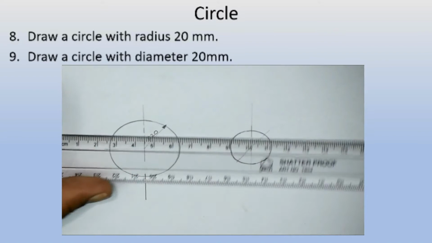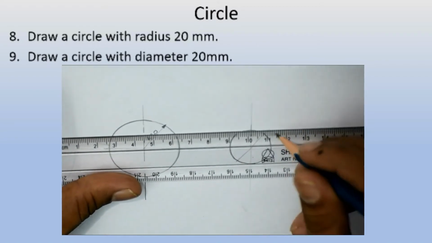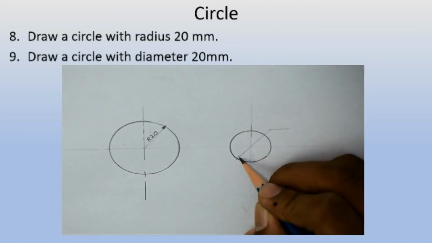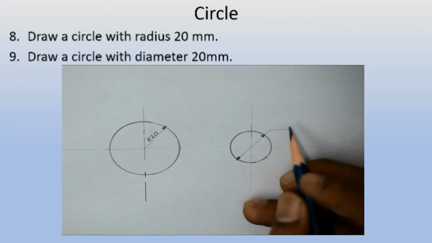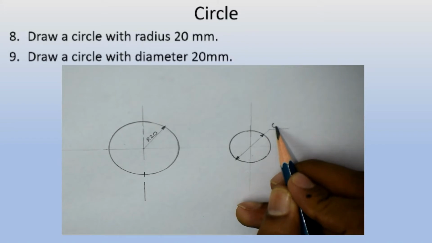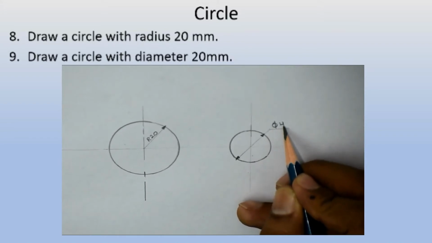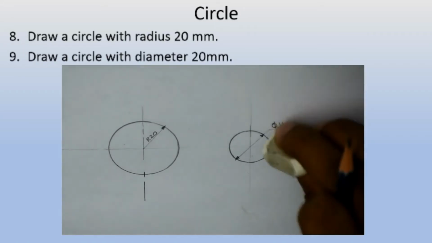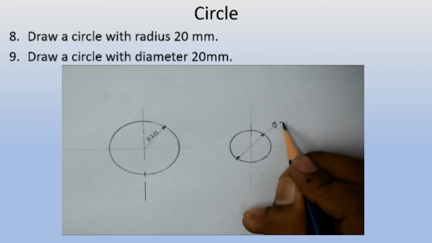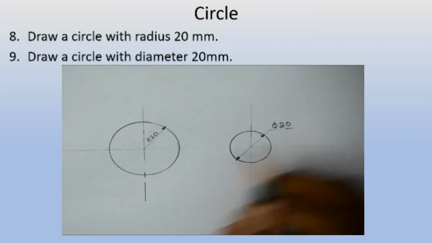Now observe the difference between these two circles. When the radius is 20, you have that circle on your left hand side. When the diameter is 20, it is looking like it is half in size, because when the radius is 20 it means 40 diameter, and on your right hand side the diameter is just 20.